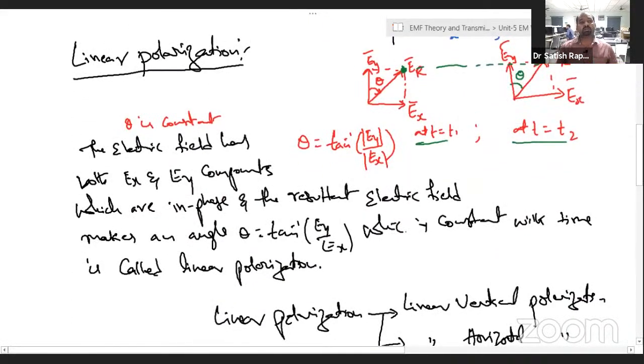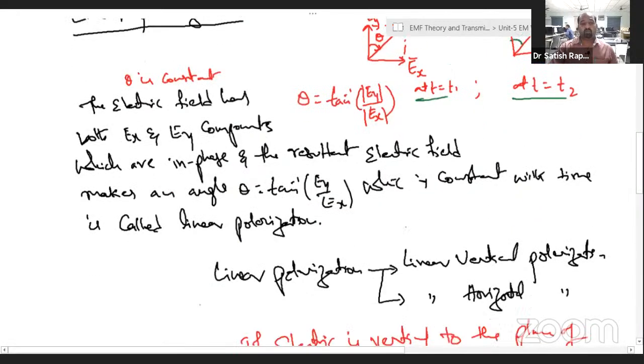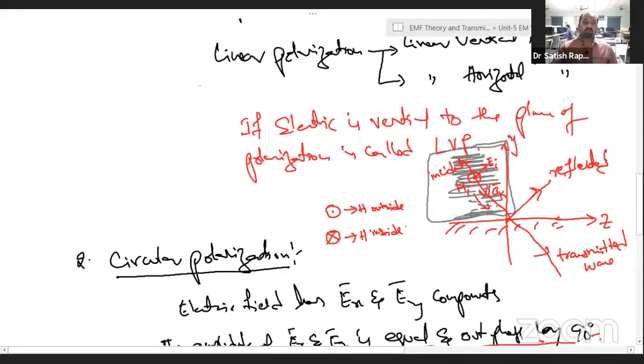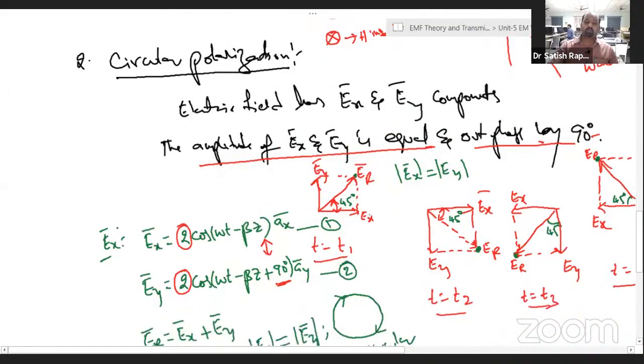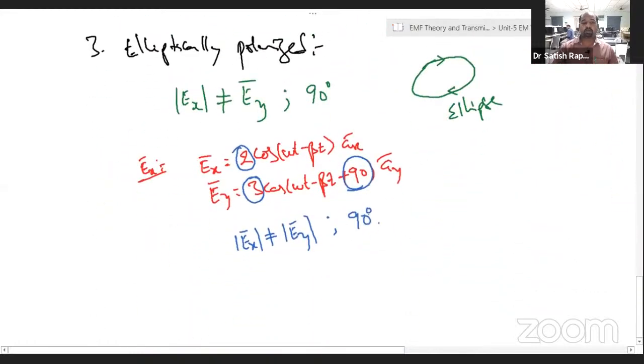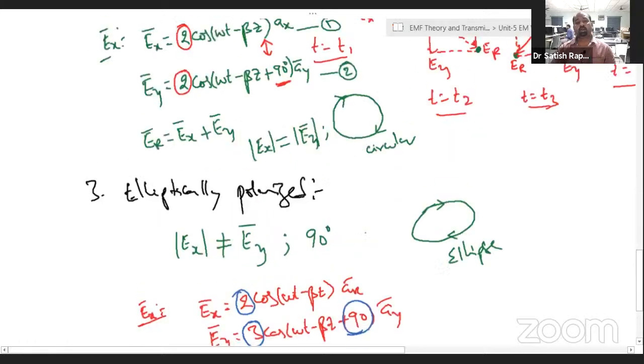Linear means the variation of the electric field is a straight line. Circular means the variation is a circle. Elliptical means the wave moves elliptically in space with time. So this is about polarization.